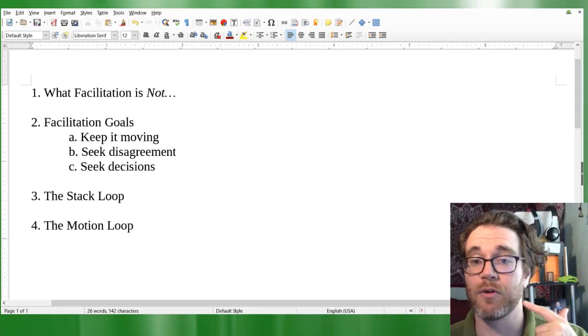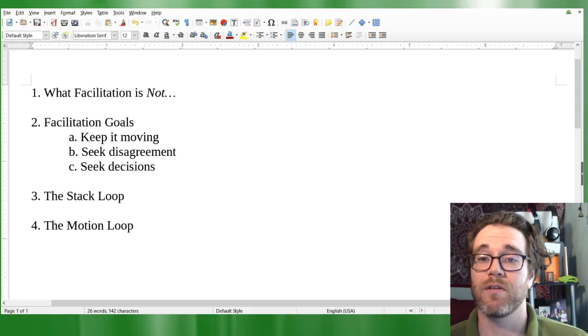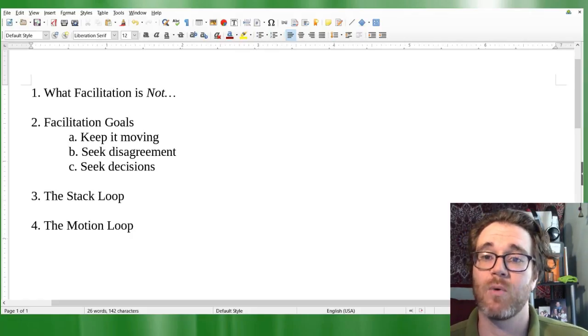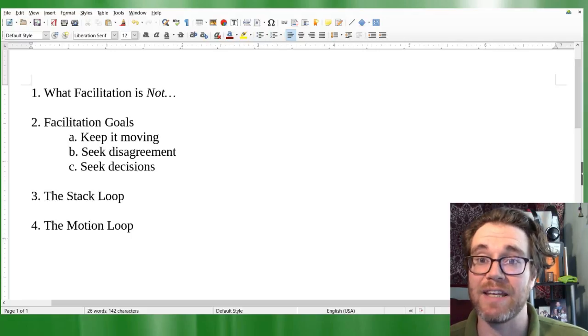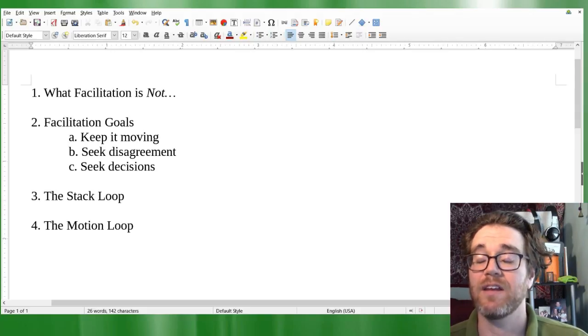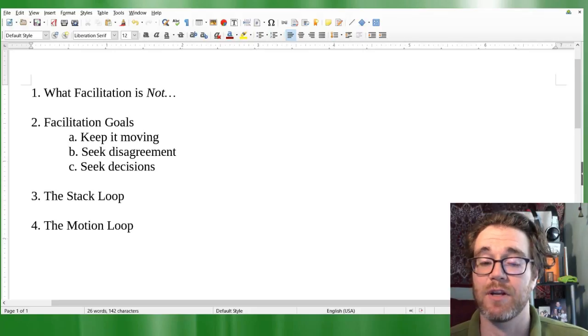You need to be thinking about the rest of the members and what is making them as smart and as incisive as possible, and giving them the chance to ask their questions, and facilitating the body to find the direction that it needs to go in the context of the meeting and the agenda. All right, so what are the goals of facilitation?